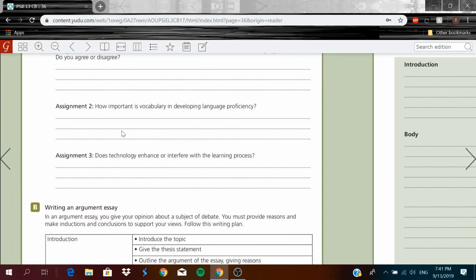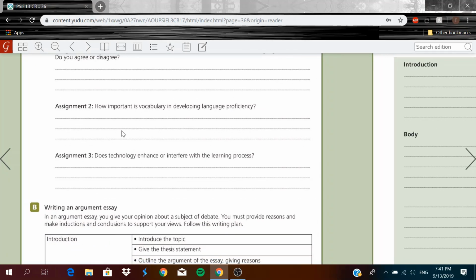Now let's go to assignment 2. Here we have, how important is vocabulary in developing language proficiency? So now you don't get an agree or disagree, you get a how important. So now we know that vocabulary is important when it comes to developing language proficiency. But just how important? Okay? So what do you think?